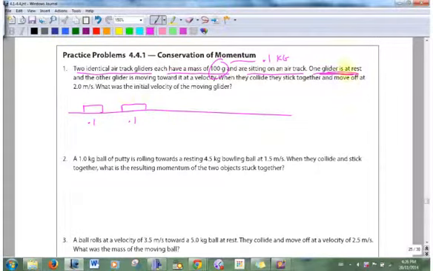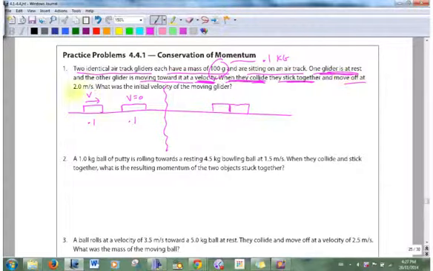One glider's at rest. The other glider is moving toward it at a velocity. It doesn't give me a number, so that's probably what I have to solve for here. When they collide, this is after. They're going to collide and stick together. So let's stick them together.